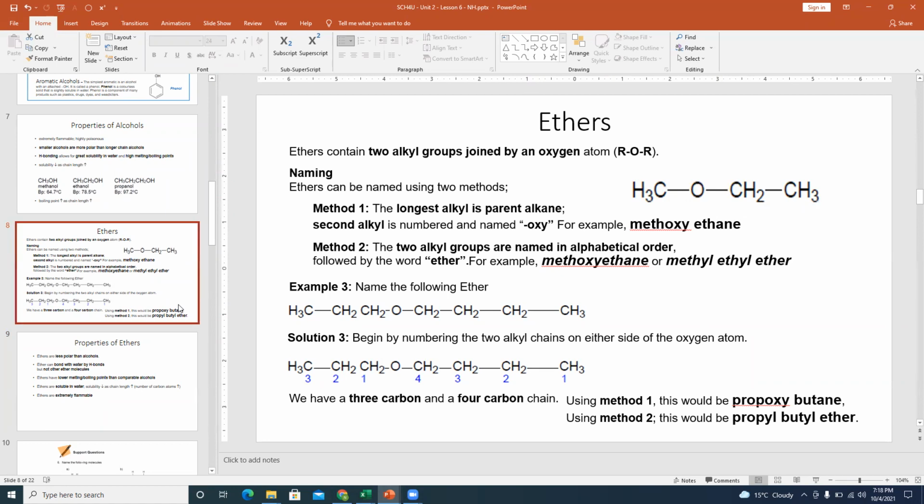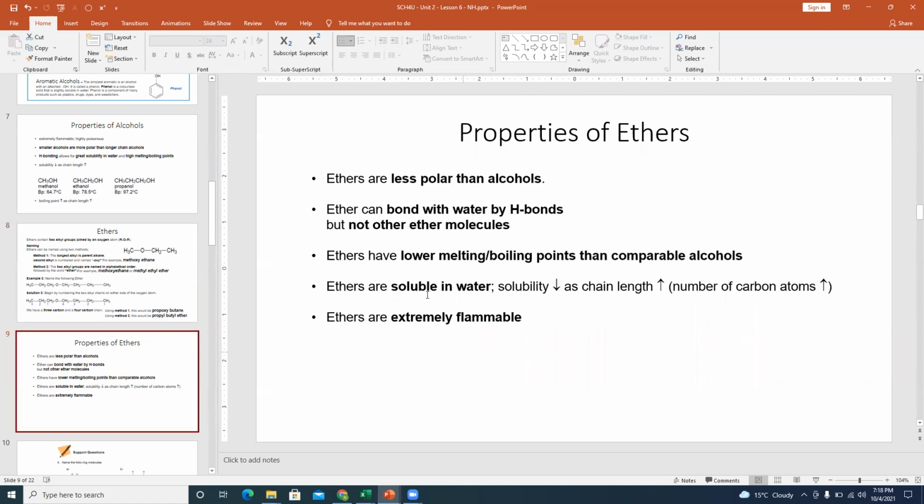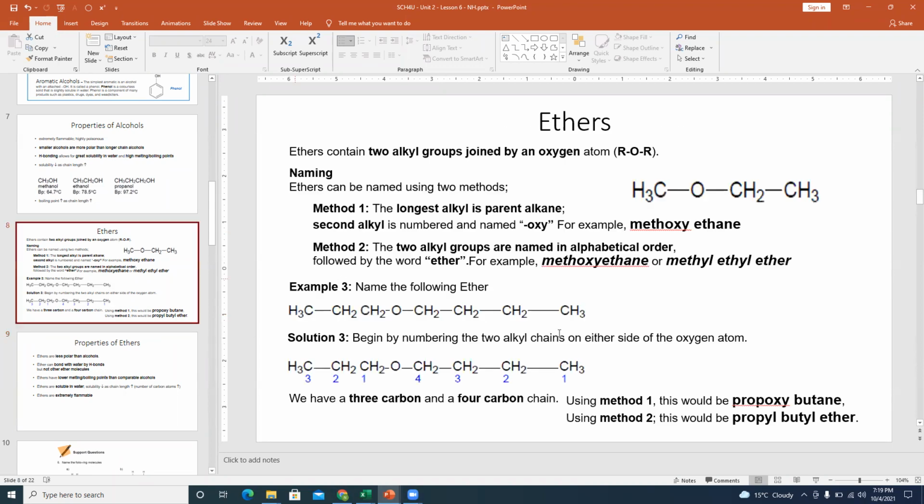In some ways they are similar. They're extremely flammable. They're also soluble in water, but they're less polar than alcohols. And they can form hydrogen bonds with water, but not with other ether molecules. These ether molecules have some alkyl group where you would normally find the H in an alcohol. In ether, instead of the H, you have some hydrocarbons present.